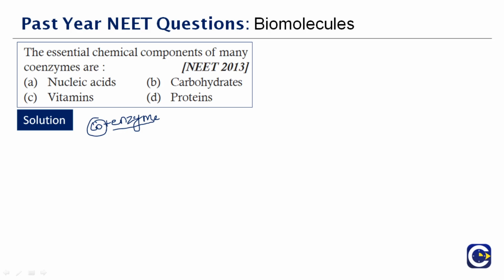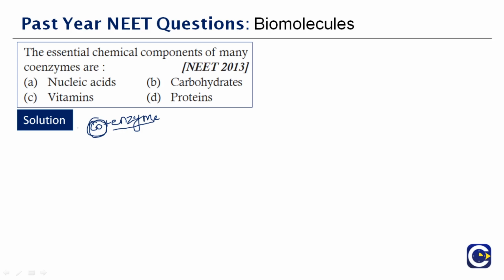Coenzymes are often broadly called cofactors, but they are chemically different. A coenzyme cannot function alone. As it is mentioned here, it is dependent. It will only act in association with any other ingredient. It cannot act alone. Therefore, coenzymes, if you see, will have a majority of vitamins in them.